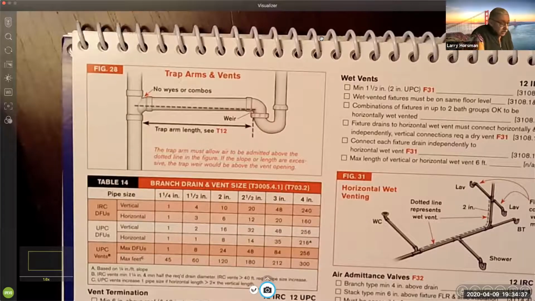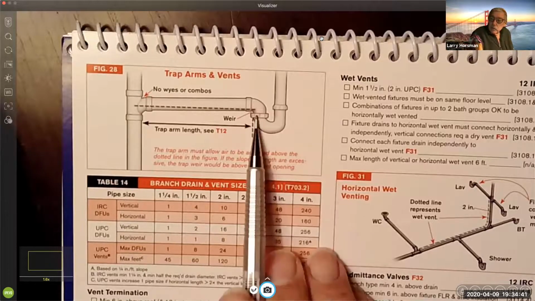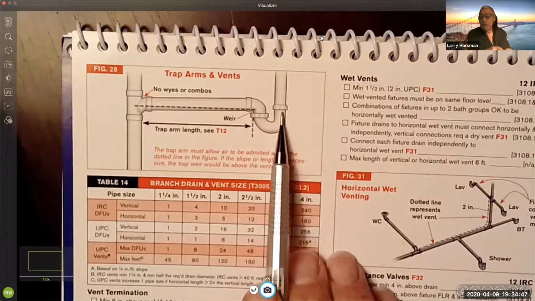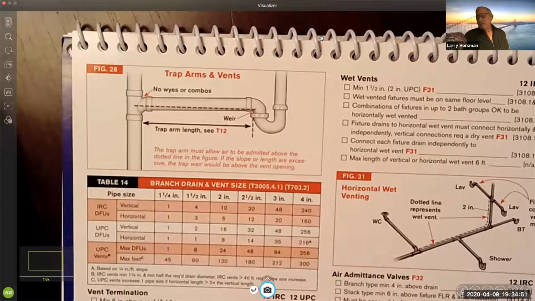So this distance here, from the weir, horizontally straight across, that's the trap seal. That's filled with water. And what that does is that bit of water keeps the sewer gases from coming up into the building.